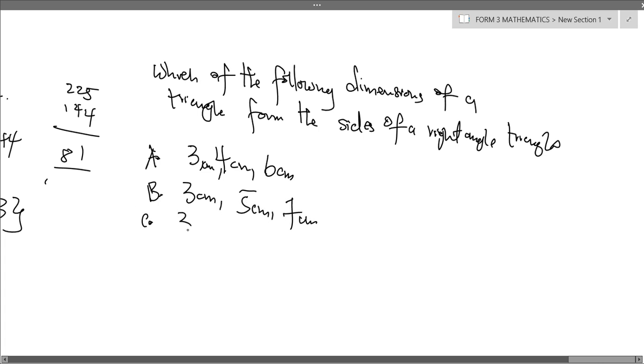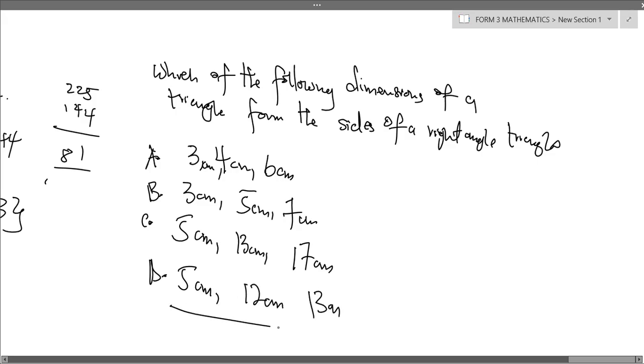C, 5 centimeters, 13 centimeters, 17 centimeters. Then D, 5 centimeters, 12 centimeters, and 13 centimeters.